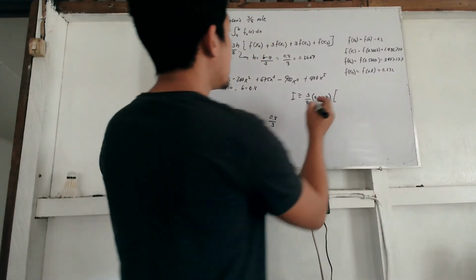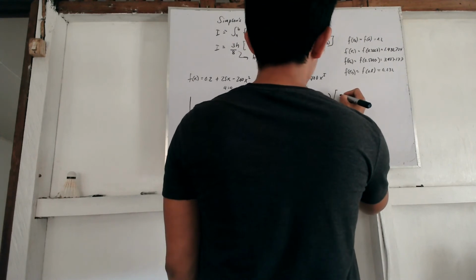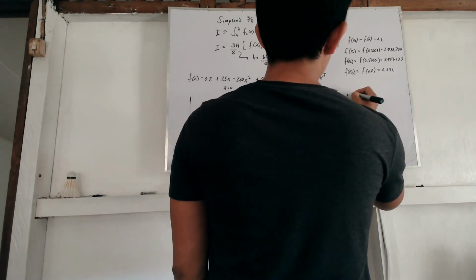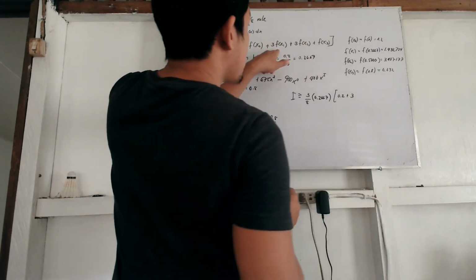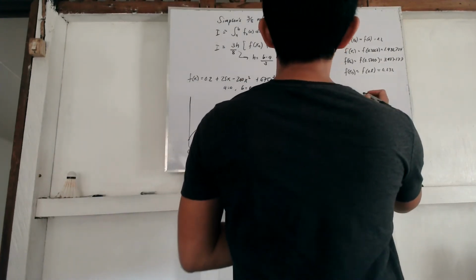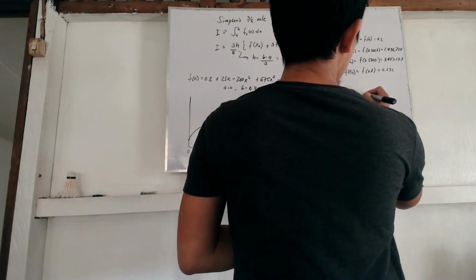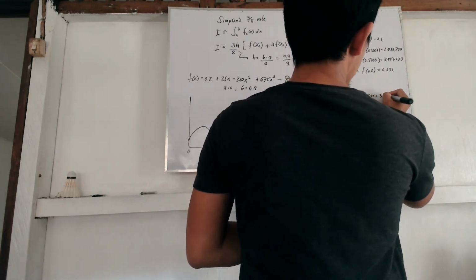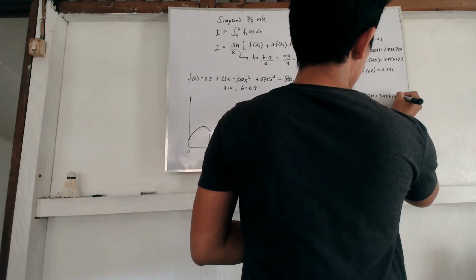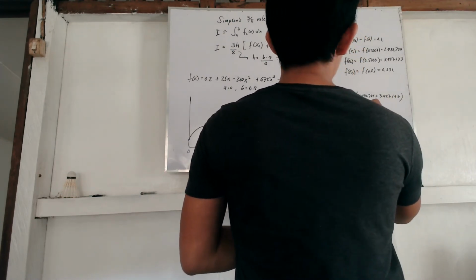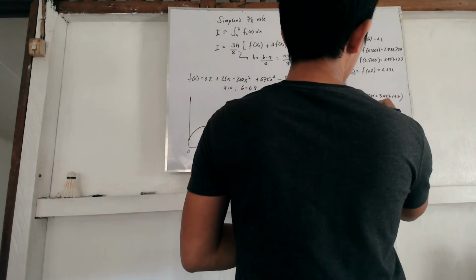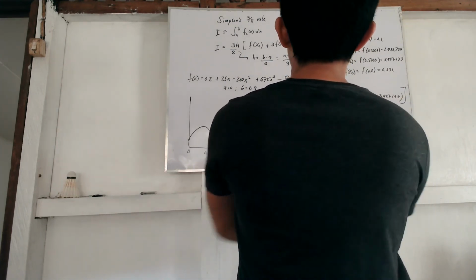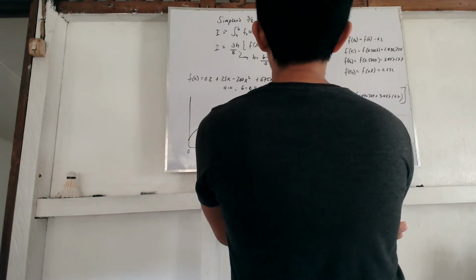Okay, so the answer for this one will be 0.2 plus 3 times 1.432724, plus 3 times 3.487, plus 0.232, all over 8.